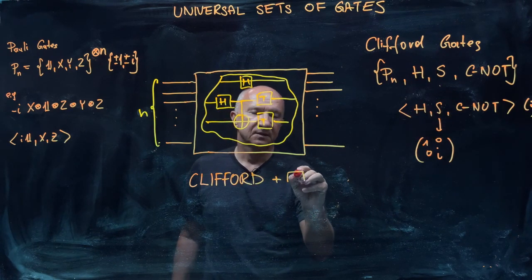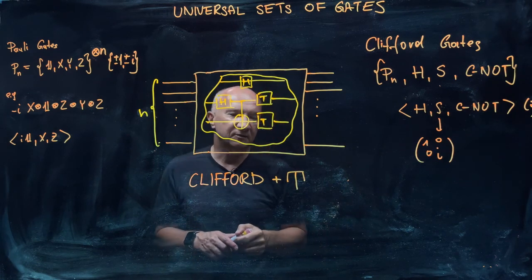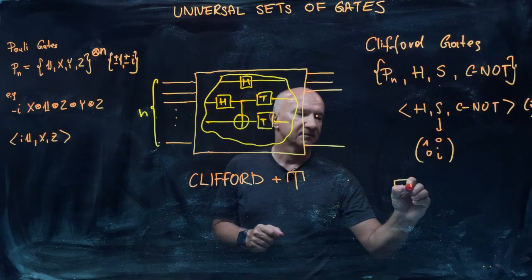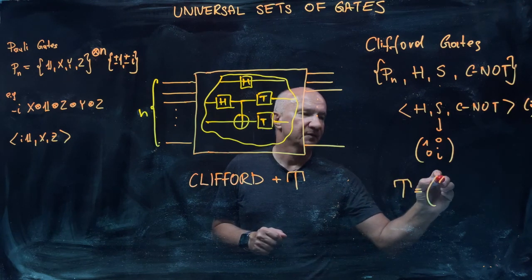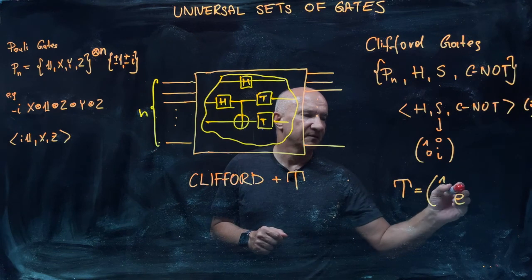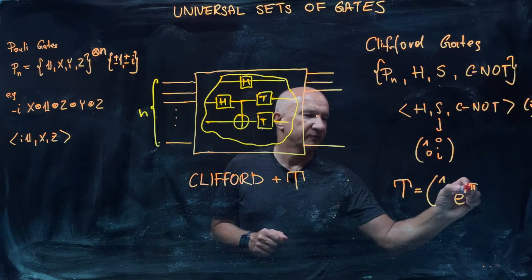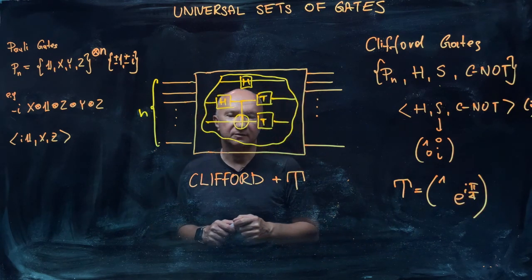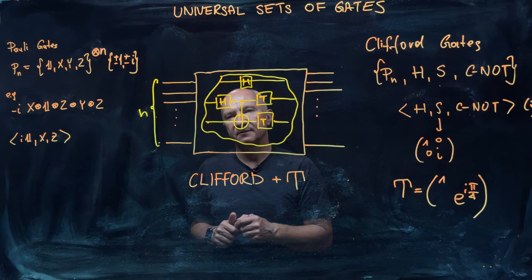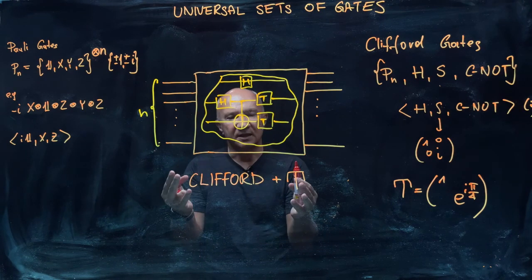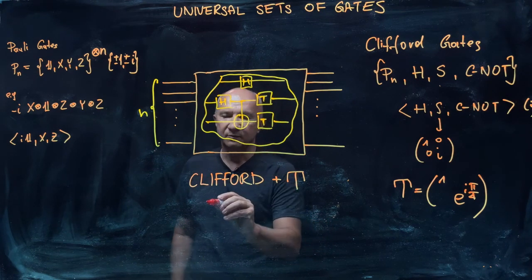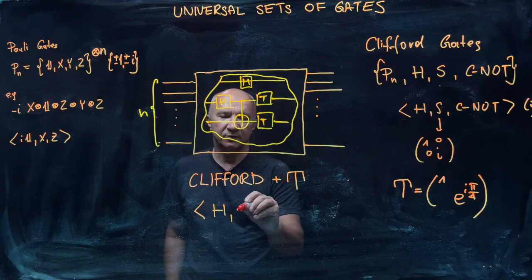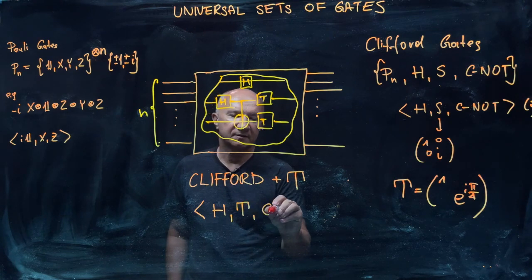Plus one that is not Clifford, and the canonical choice is the T gate. Just remember that T was the phase shift by pi over 4. So that's your T gate, and this class, Clifford plus T, can be generated by the Hadamard, the T gate and the CNOT gate.